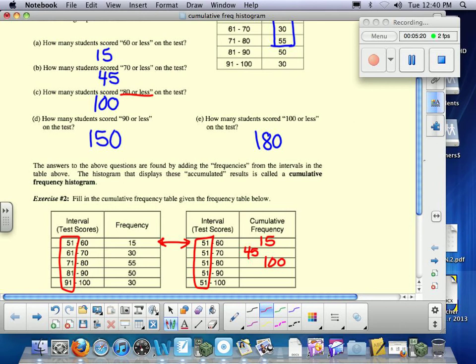How many students scored a 90 or less? We added that next round of 50 to the 100, so we got 150. And then our last interval, we want to get all the way up to 100% for our scoring, and that is all of the class.